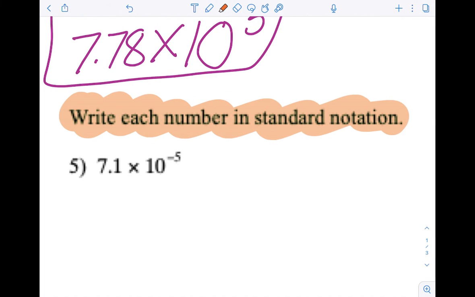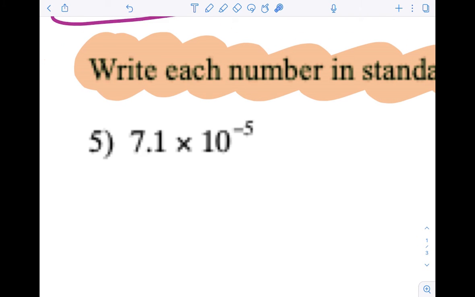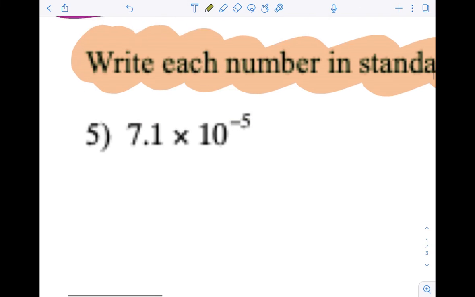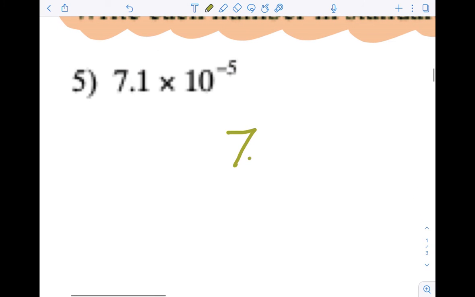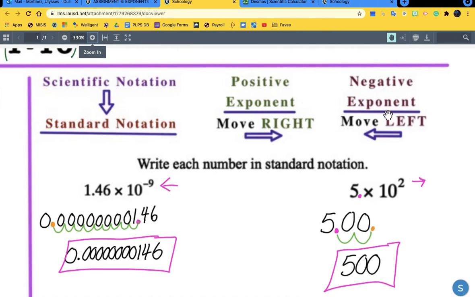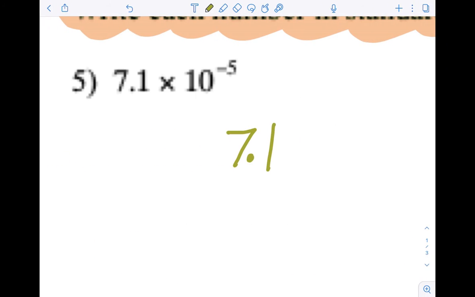So let's see what we have here. Well, clearly we have a negative exponent, right? So that means I'm going to write my 7.1 like this, and I'm going to move the decimal. Negative exponent, move left. Left 5 times: 1, 2, 3, 4, 5. That's where my decimal goes.